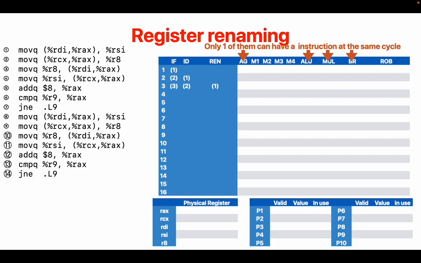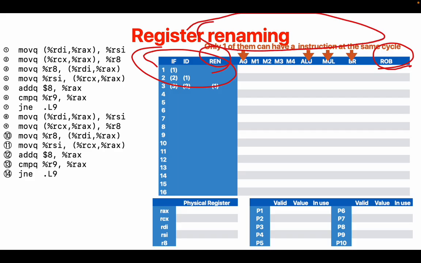With register renaming, how am I going to execute these pieces of code? So first of all, we still draw the pipeline, and now we have one more stage called renaming at the very beginning, and one more stage called reorder buffer at the very end. And for the issue, as I mentioned, in any cycle, I can only put one instruction into execution.